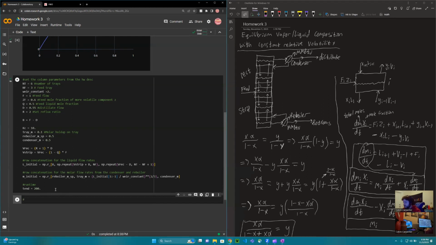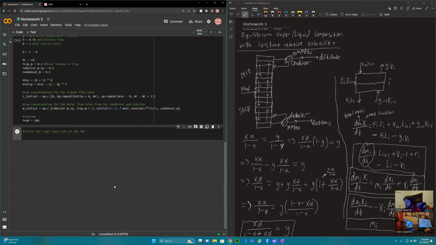So next we are going to define the right hand side of the ODE, of our ordinary differential equation. Def, okay, so we're going to define our right hand side in terms of T, vec, and capital R.